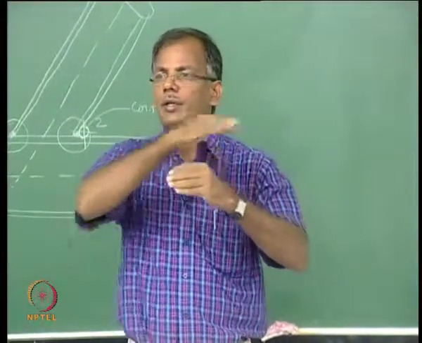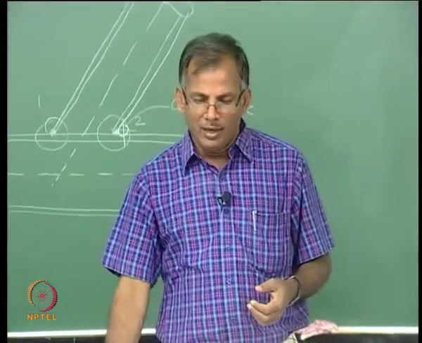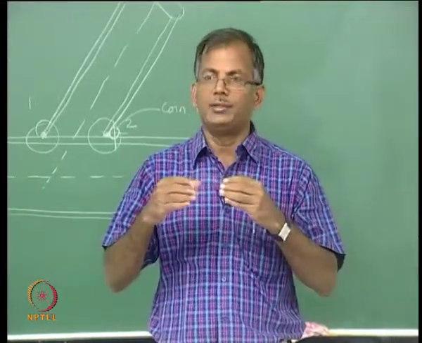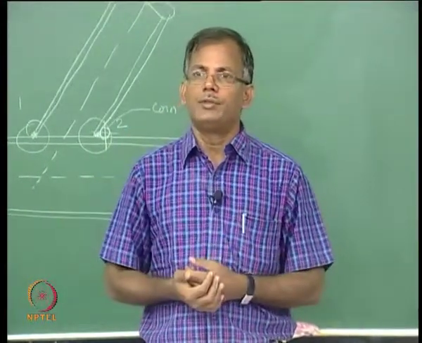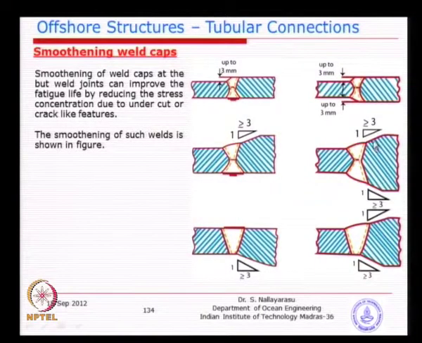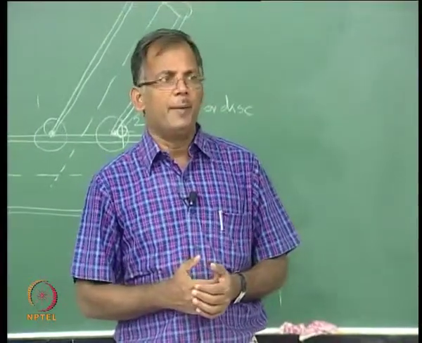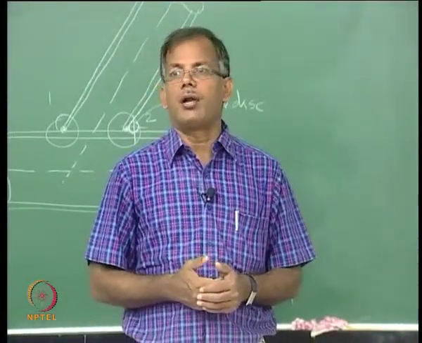When you try to join, if you smoothen the weld by tapering the thicker material and joining here, instead of just keeping it like this and making the joint, which is going to give you a larger stress concentration factor. But for the tapering, the codes recommend a minimum taper of 1 in 3, the slope, sometimes 1 in 2 or 1 in 3, because 1 in 3 means more work, 1 in 2 means less work, 1 in 4 means even more length of cutting, which many times is not preferred, because of the lot of grinding work, especially manual grinding.